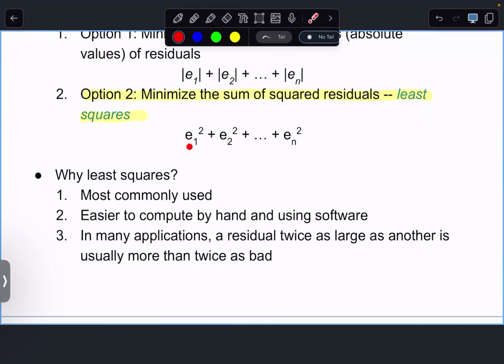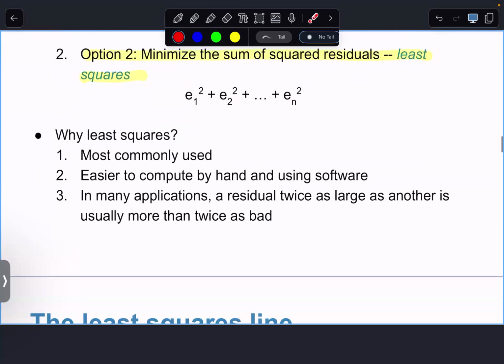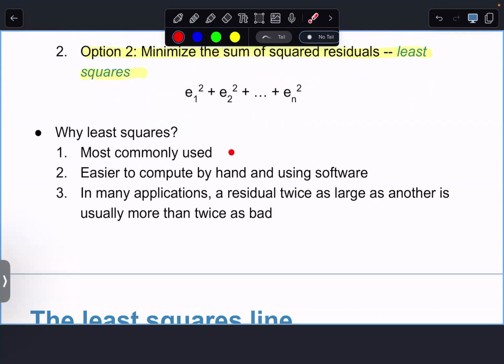So we take the error term or the residual squared for each data point, and then I add those all up and I find the minimum value. So why do we use this one? It's the most commonly used, that's to say no more. It's easier to compute by hand, but also for software, it's faster. If you've got a huge data set, then that is a concern.